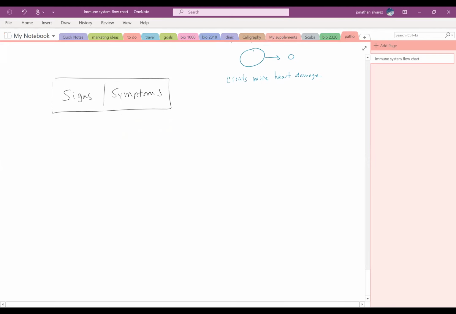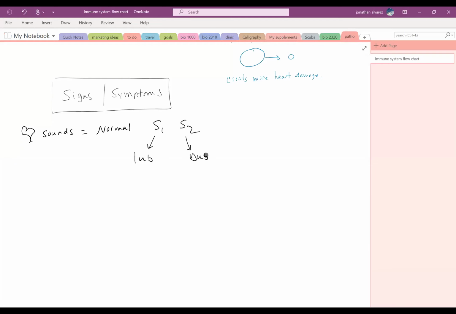All right, so normal heart sounds, right? You should hear an S1 and an S2 heart sound, the lub dub. Typically it's a lub dub when you're listening to the heart.